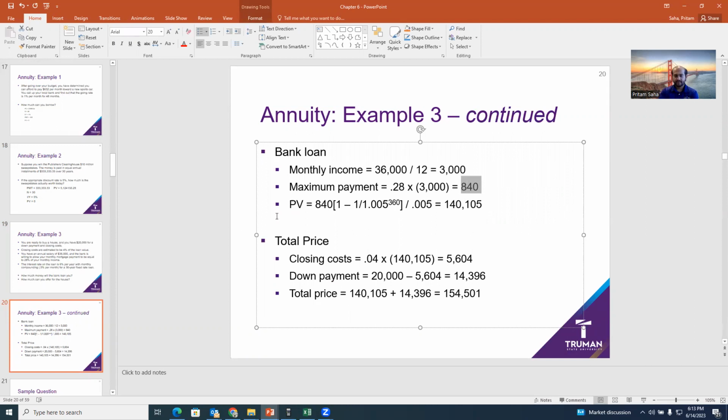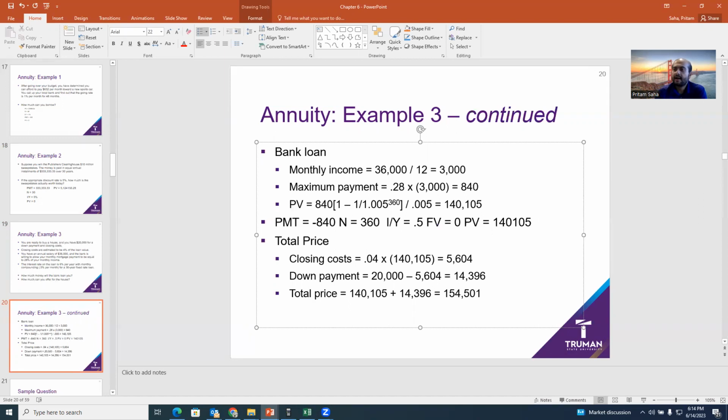So the payment is 840, N is 360, I/Y is 0.5, future value 0. How much loan can we afford? Find the present value. Plug this information into the calculator. It should be 140,105. This is the loan we can afford.